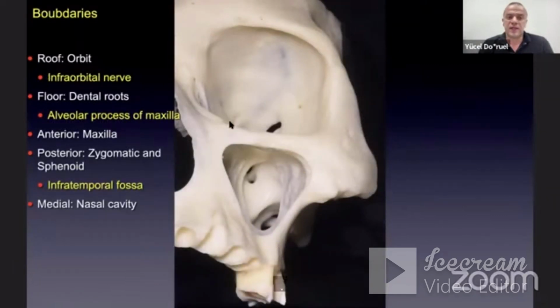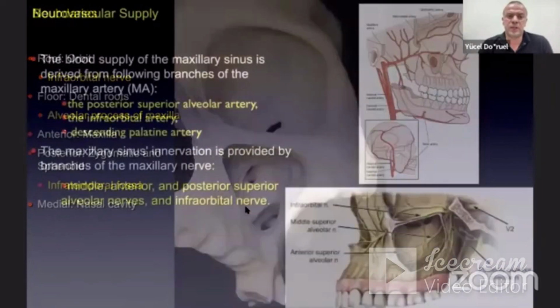Its boundaries: in the roof, it is related with the orbit and the infraorbital neurovascular complex. In its floor, there is a close relationship with the alveolar dental roots and the alveolar process of the maxilla. Its posterior wall is created by the zygomatic and sphenoid bones, and we can reach the infratemporal fossa here, and medially the nasal cavity.